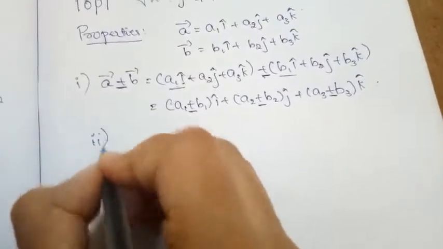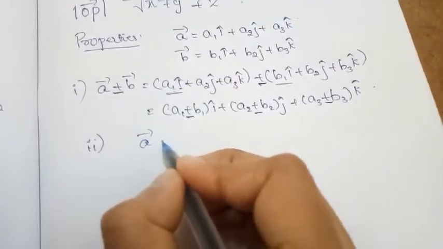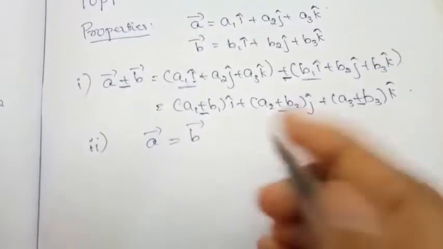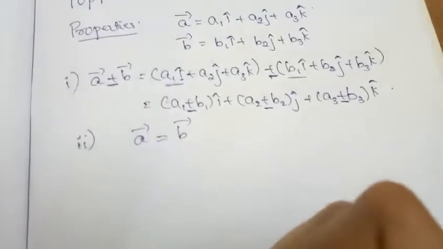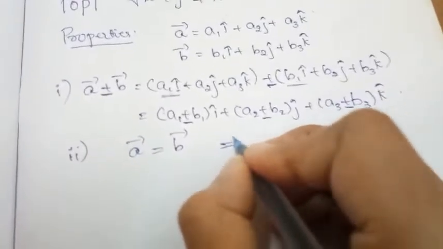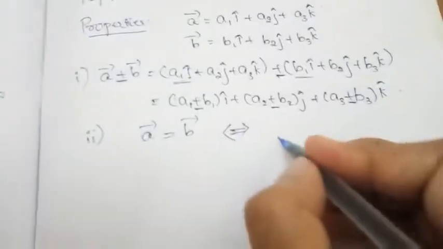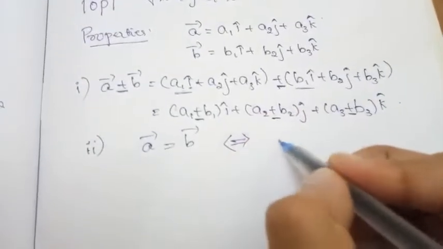Second, suppose I am going to say this vector A is equal to vector B. If these two vectors are equal, what is the condition? That is the if and only if condition. If vector A is equal to vector B, then the corresponding elements must be equal.